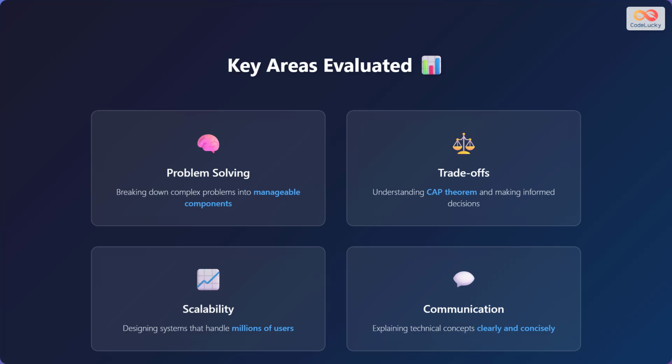Understanding computer science fundamentals like CAP theorem, and making informed decisions about trade-offs is important. System design is always about choosing the right trade-offs. Scalability, designing systems that handle millions of users, is another key area. Finally, explaining technical concepts clearly and concisely is evaluated. Communication is a very important skill to have.